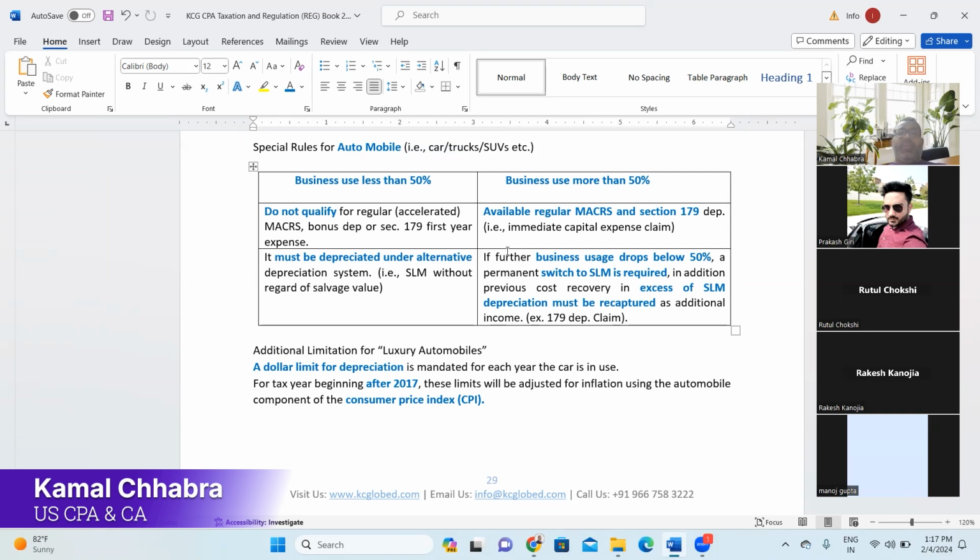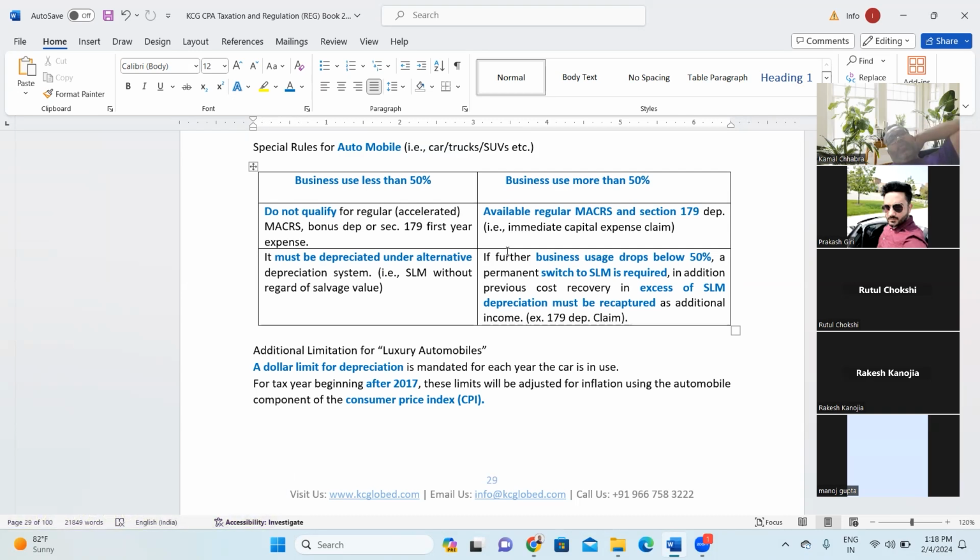Additional depreciation limitation: business use less than 50% or business use more than 50%. So these are the two scenarios that arise. Business use of less than 50% does not qualify for regular depreciation, bonus or section 179 first year expense. So if business use is less than 50%, then no additional depreciation or bonus depreciation is allowed.